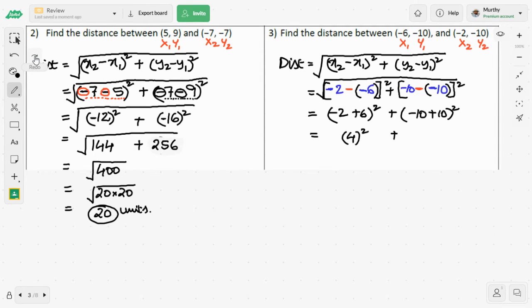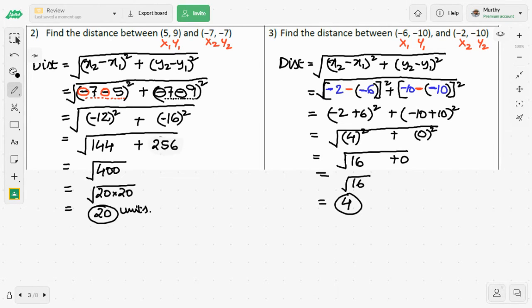And next, negative 10 and positive 10, they are different signs. Therefore, we have to subtract. As I told you before, I'll end up with 0. Then you'll get the square root of 16 plus 0. My bad, I forgot to put a square root symbol here in the middle.